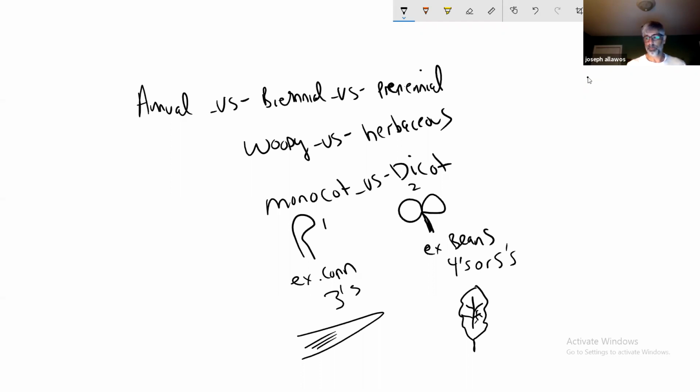And so one thing that I want to mention to you, you have to be careful up here with annual and perennial. These words only really can apply in the plant's native habitat. For example, tomatoes and peppers and eggplants are actually perennial plants in that they come from the tropics. And so we grow them as annuals because they're not cold hardy.